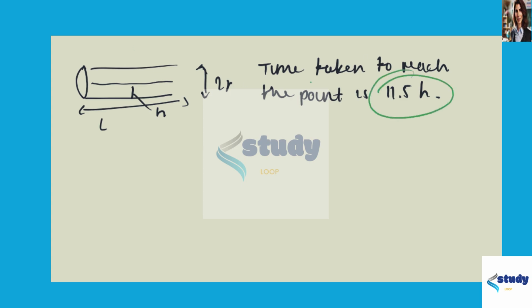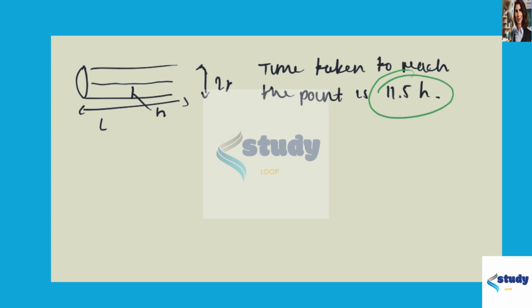So you do get that in minutes, but you can just convert it into hours. If you have it in minutes, your time will be 690 minutes. Multiply it by 1 hour divided by 60 minutes, you get 11.5 hours.